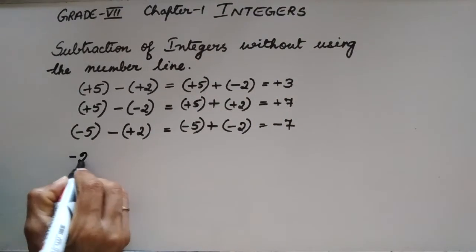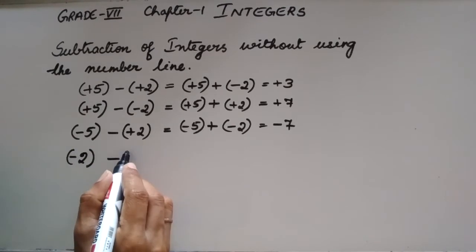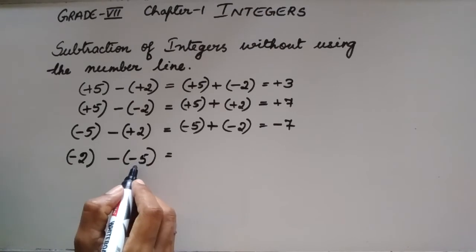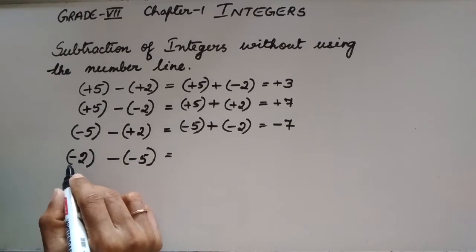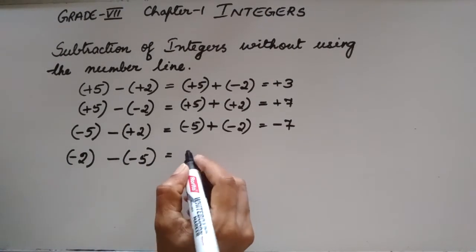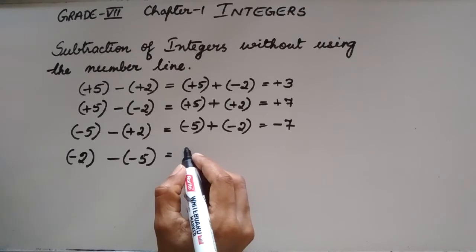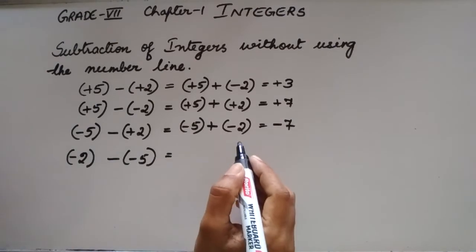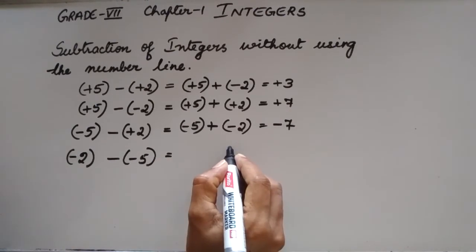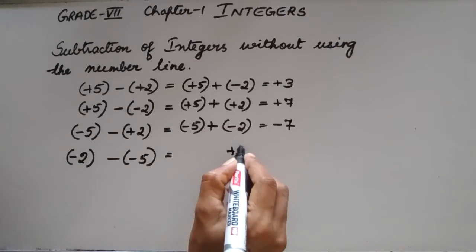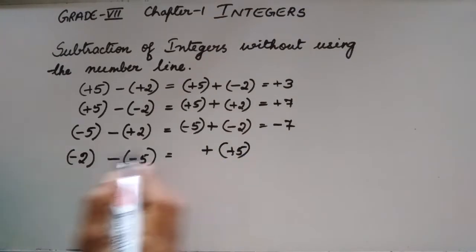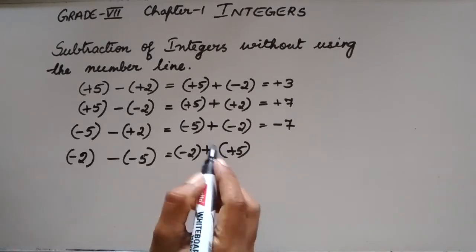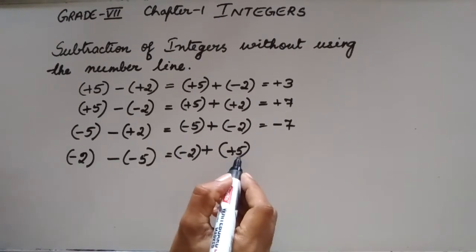And the last example, minus 2 minus minus 5. Here I am subtracting the negative integer from the negative integer. So here again I have to take the additive inverse of minus 5. What is the additive inverse of minus 5? It is plus 5. So I am adding this to minus 2. So here one negative integer and one positive integer.